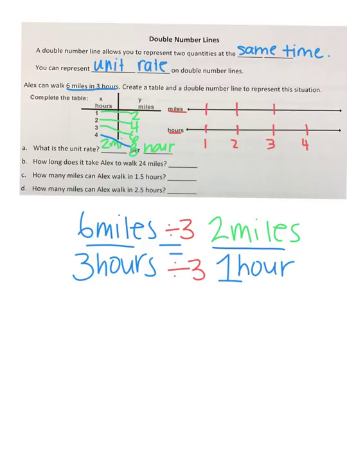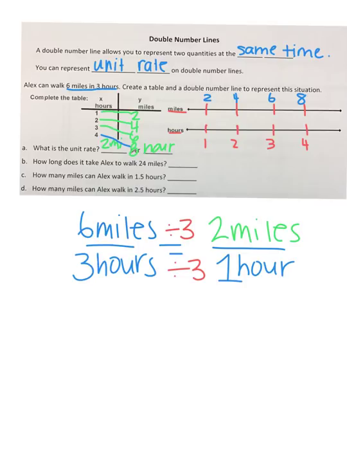So our 4 tally marks on the miles number line need to match up perfectly with our 4 tally marks on the bottom number line. And then we just fill out our numbers. So in 1 hour, he went 2 miles. In 2 hours, he went 4 miles, 3, 6 miles, 4 hours, he went 8 miles. And there's our double number line.